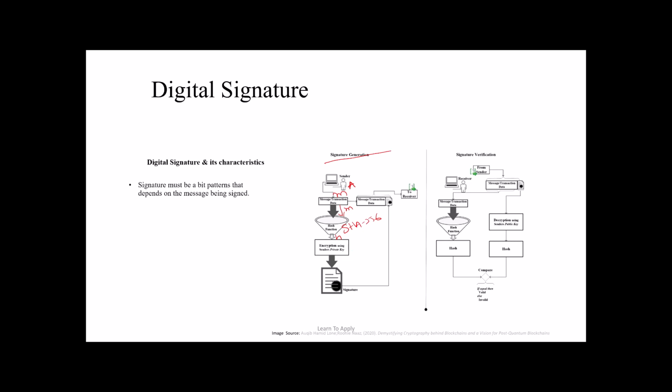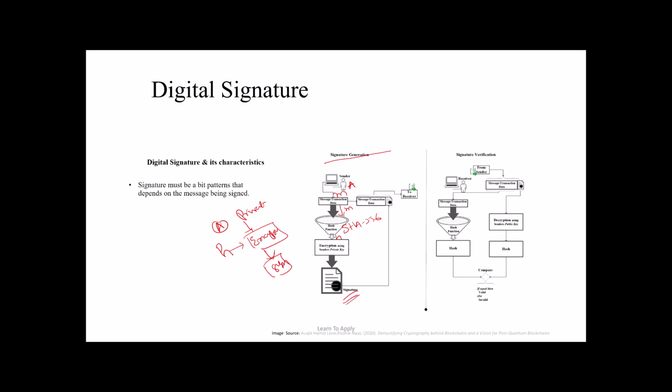We have seen that encryption is usually done with the help of the receiver's public key, but in the case of a signature we use the sender's private key, that is the private key of A. So we take the hash value, use encryption with the private key of A, and we get a signature.